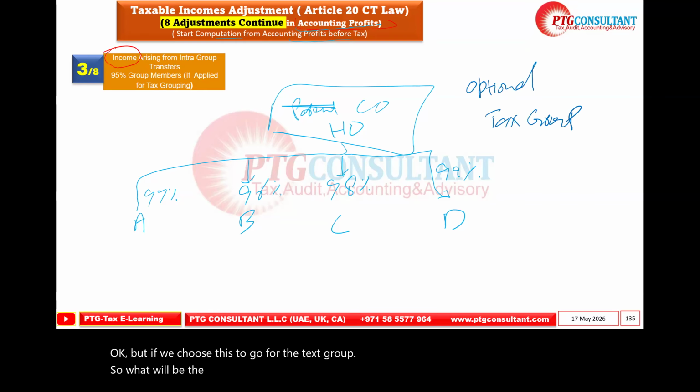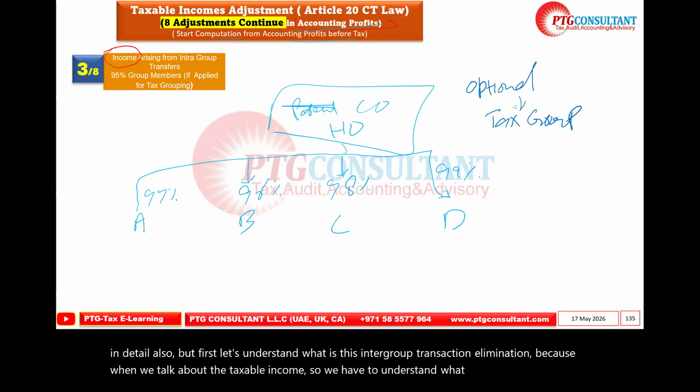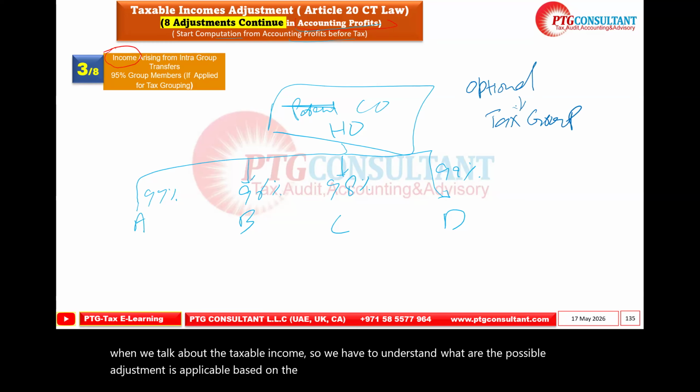We will cover that in detail also. But first let's understand what this intra-group transaction elimination is, because when we talk about taxable income, we have to understand what adjustments are applicable based on the facts and figures, according to the scenario and the group structure.